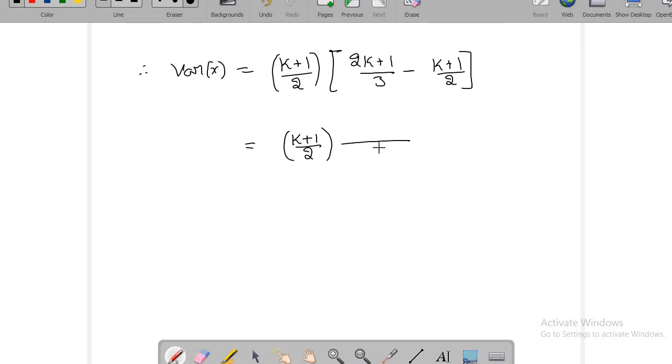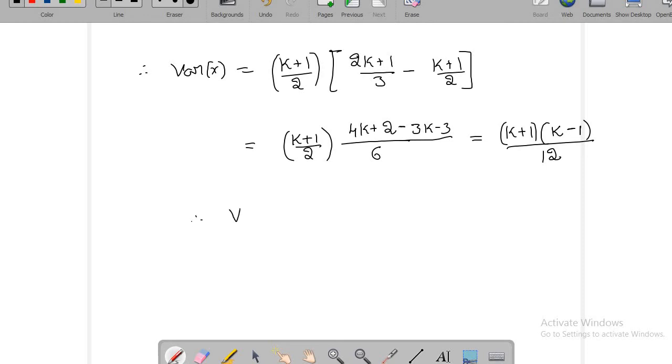LCM is going to be 6, and here you need to multiply with 2, so this will become 4k + 2 minus, here you need to multiply with 3, so 3k + 3. If you simplify, this is (k+1) into (k-1)/12.